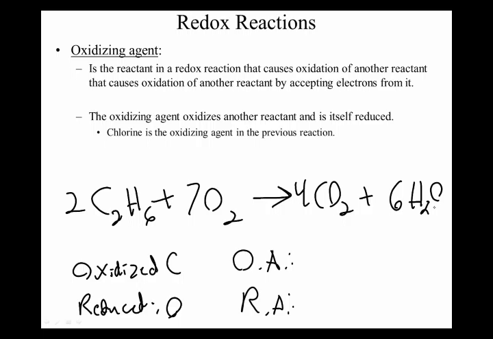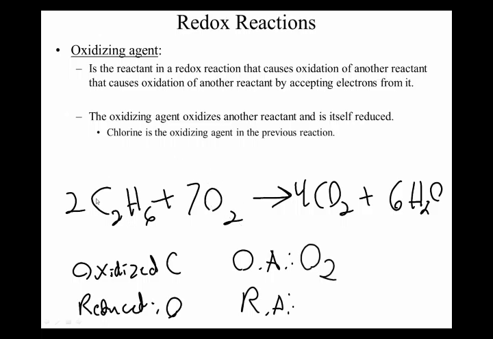But I'm not categorizing it just by the element. I'm actually describing the whole compound that it's in. So the oxidizing agent is the whole reactant that contained the thing that was reduced. So in this case, while oxygen is what is reduced, O2 is the compound that came along and did it.